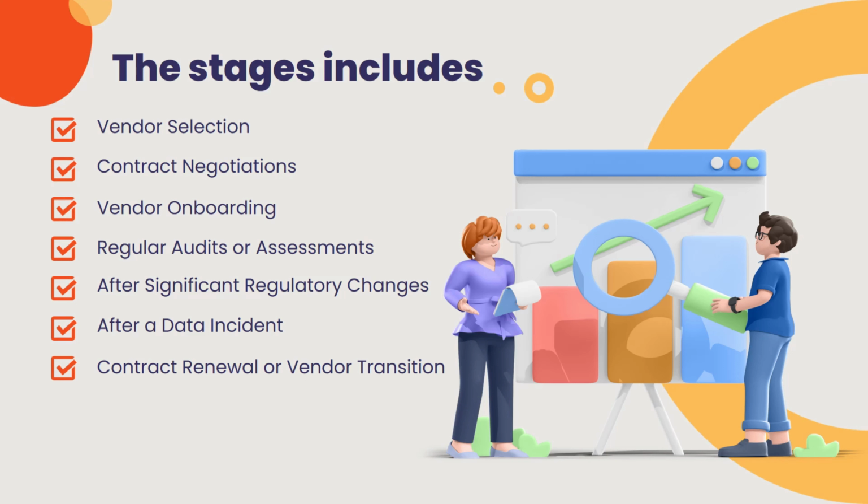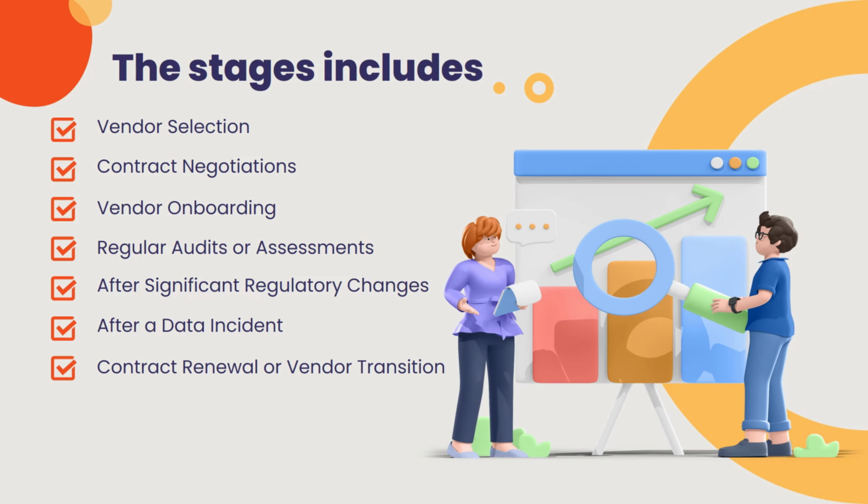The next point is after significant regulatory changes. If there are any significant changes or updates to GDPR or related regulations, it is wise to revisit the mapping to ensure continued compliance. Similarly, if your business has changed or expanded in a way that impacts data handling, you might need to revisit the mapping.